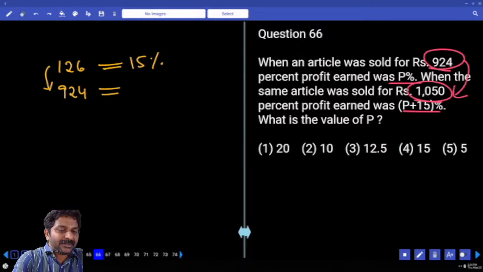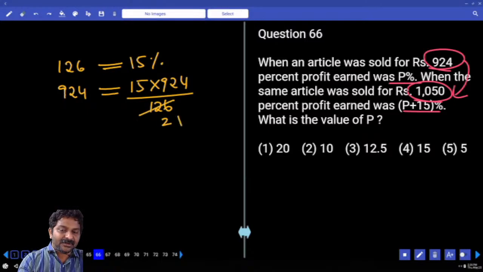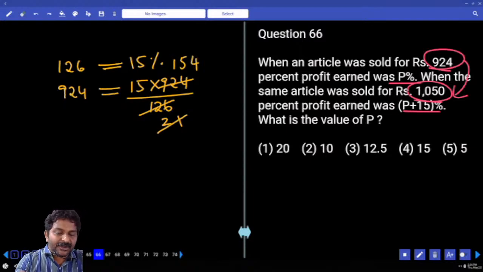What is 8 times of this number? 8 times. Does it satisfy? 800, 160. No. 7 times. The last digit also doesn't work. Okay. Fine, let's do the work. 15 into 924 by 126. 6, 21 times. 6 once, 5 times, 4 times. 21.